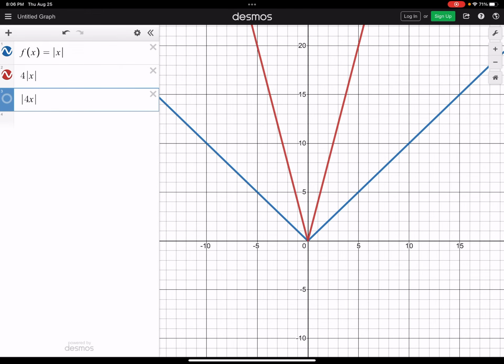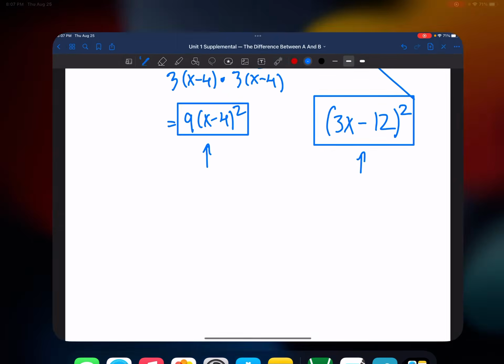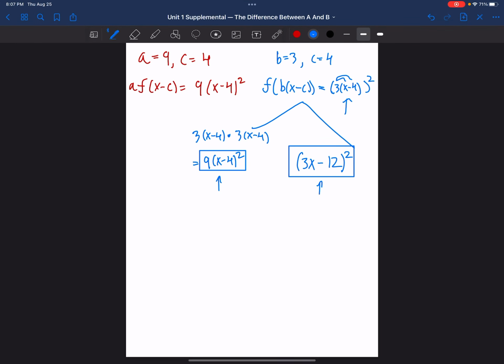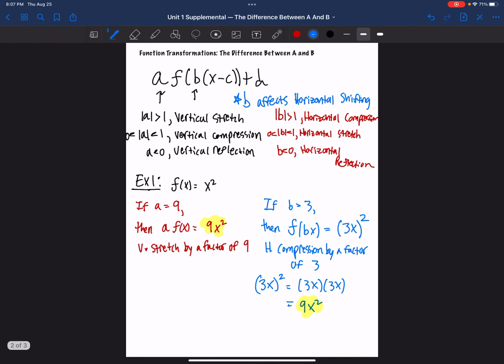Is it multiplying the input directly, or is the function doing its thing and then you're multiplying the output? Okay. And I think that's all I have to say about A and B. I hope this was helpful.